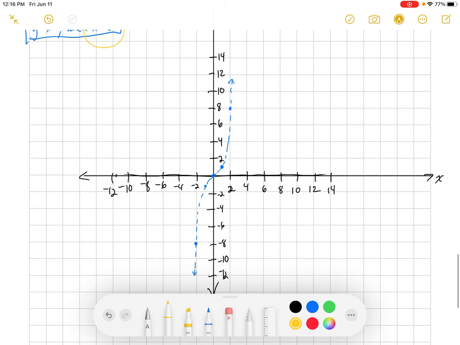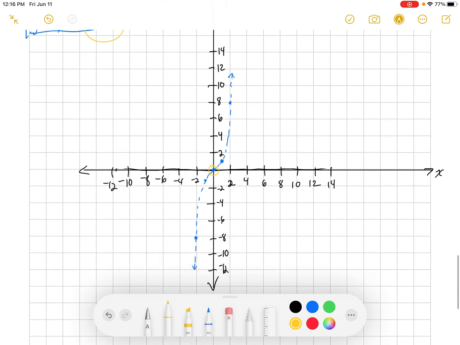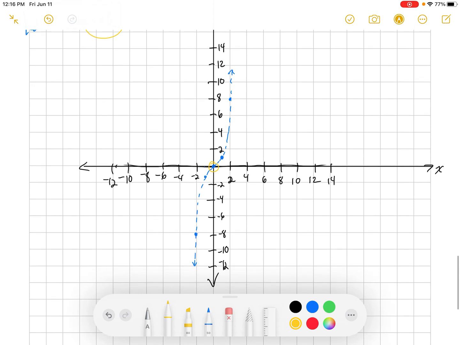So we're going to keep this only when x is less than 0, right? This tells us right here when x is less than 0. So where's 0? 0 is right here. So we're going to keep this to the left of 0. That means I'm going to get rid of all this other blue stuff to the right of 0.